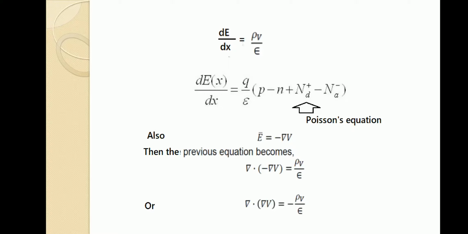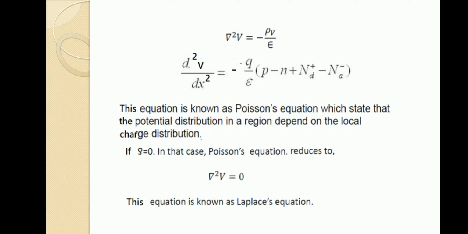Here del dot del V is del square V, so del square V is equal to minus rho V by epsilon. Del V is d by dx of V, and del square V is the second derivative. So we can write d square V by dx square equal to minus rho V by epsilon, where we replace rho V with q times (p minus n plus Nd plus minus Na minus). This equation is also known as Poisson's equation.